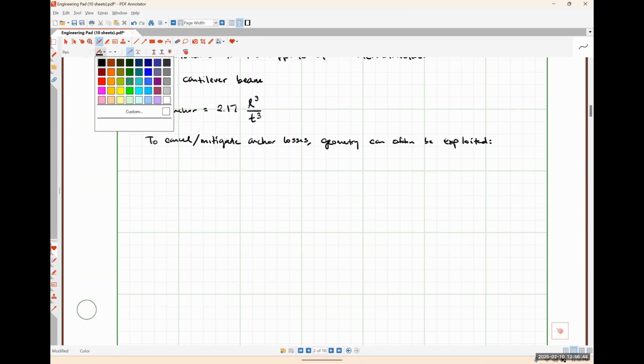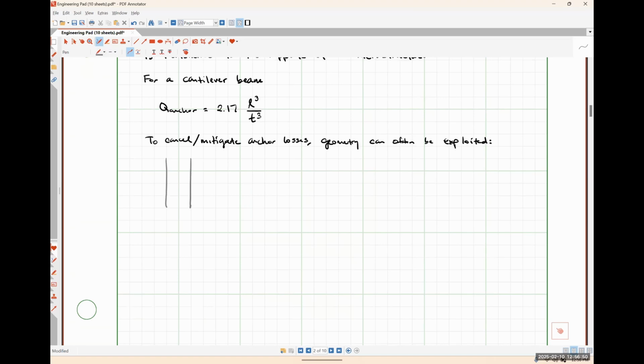So I might have a structure something akin to this. Let's say that I have an anchor structure here on one side, and then an anchor structure over here on the opposite side.